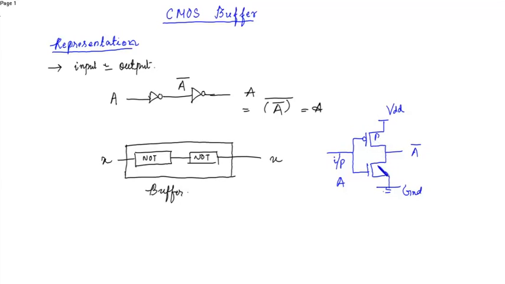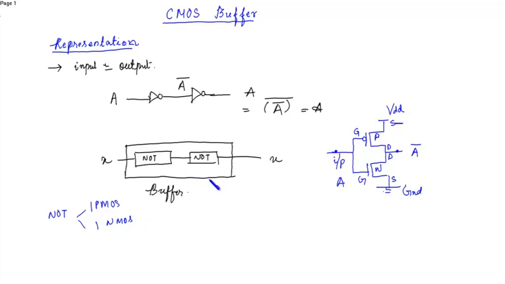Source of PMOS, source of NMOS, drain, drain. This is gate and this is gate. So in the structure of one NOT gate, we have one PMOS and one NMOS.